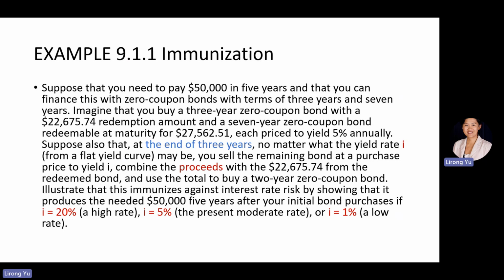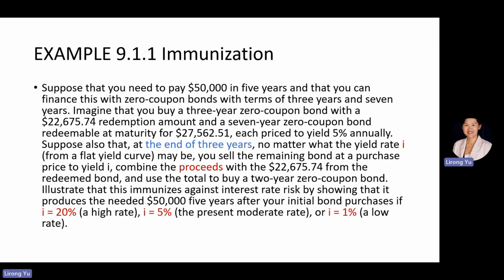Suppose also that at the end of the 3 years, no matter what the yield rate may be, you sell the remaining bond at a purchase price to yield I, combining the proceeds with 22,675.74 from the redeemed bond and use the total.